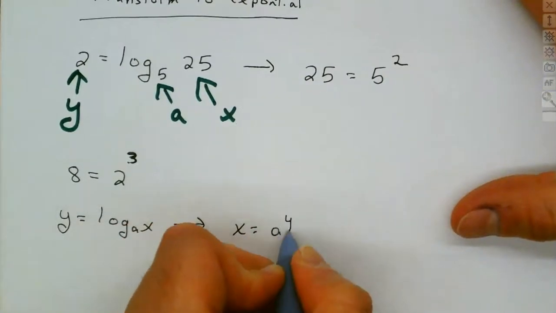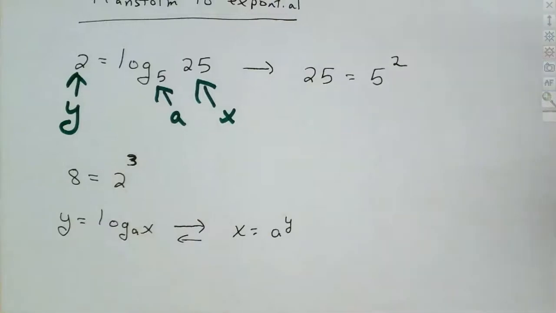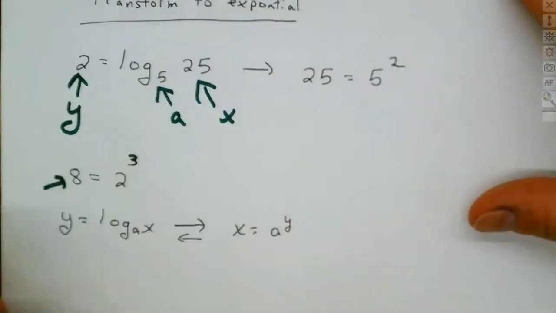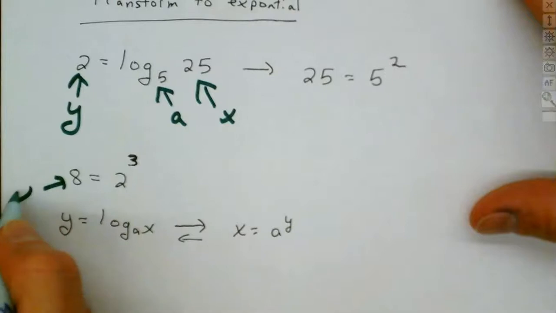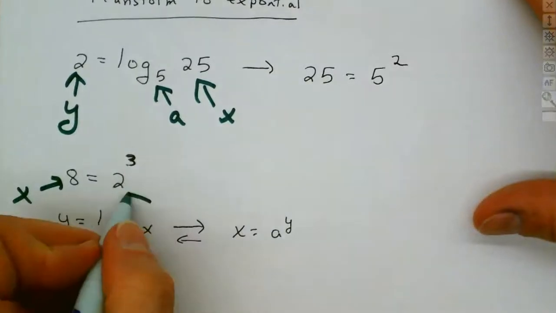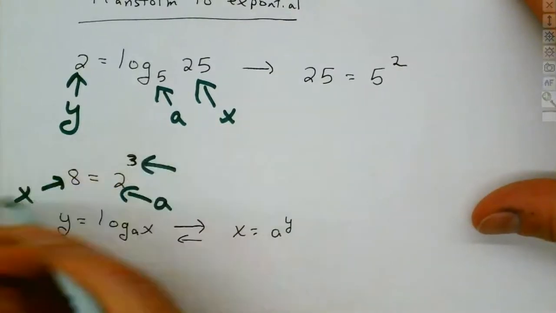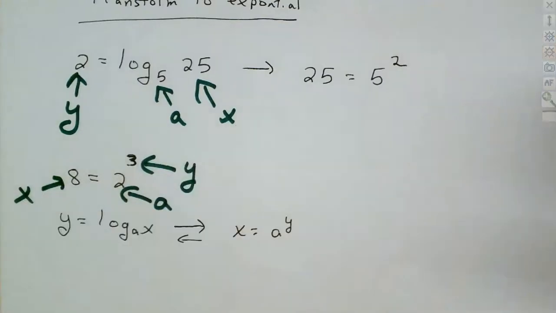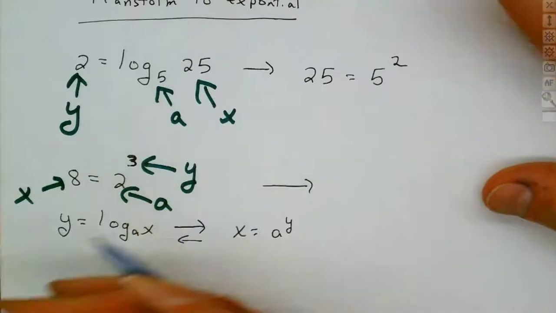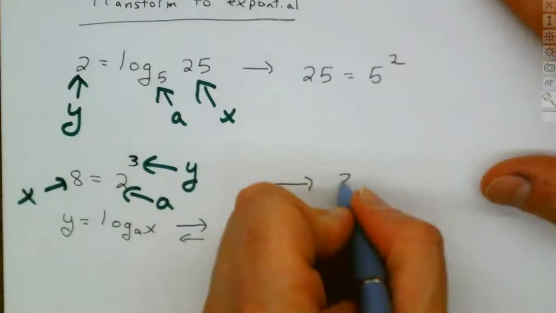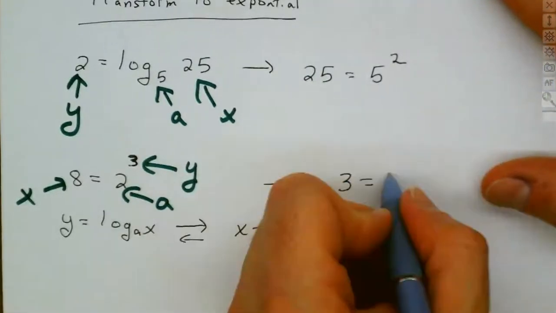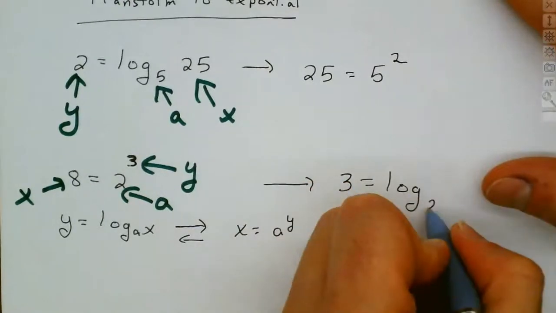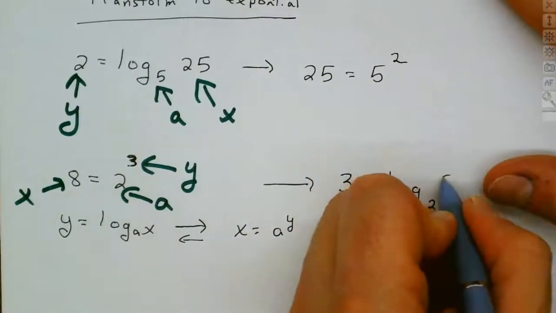x equals a to the y power. So what is that 8? In this case, the 8 is out in front, so that's your x. 2 is the a, and 3 is the y. So what would this look like as a logarithm now? As a logarithm, it would be 3 equals log base 2 of 8.